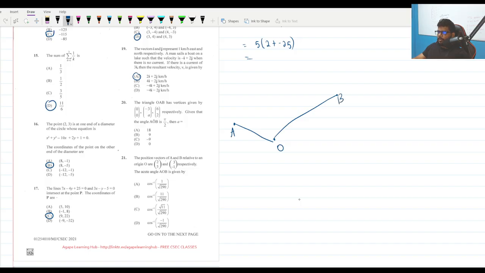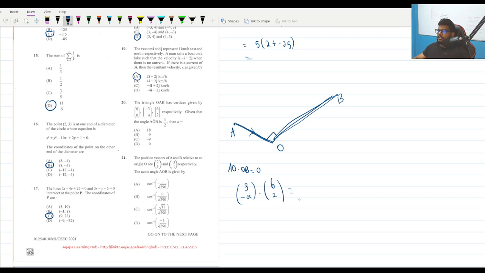The angle is 90 degrees, which means AO dotted with OB is going to be 0. From A to O, that's going to be 3, negative a, because I'm going from A to O. From O to B, it's 6, 2.